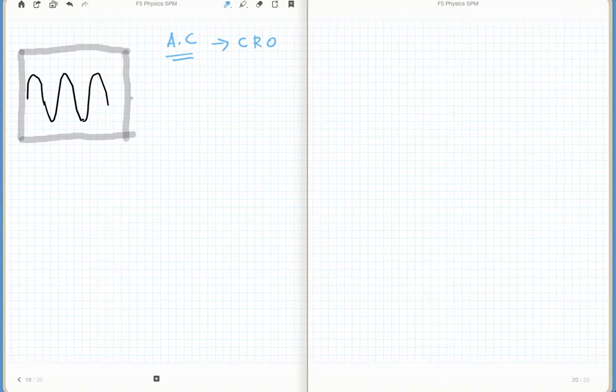And with the time base adjusted, you are told the time base is set at 5 milliseconds per centimeter.